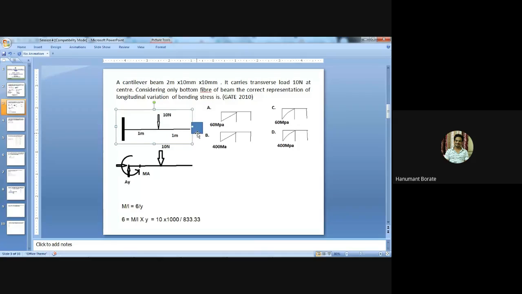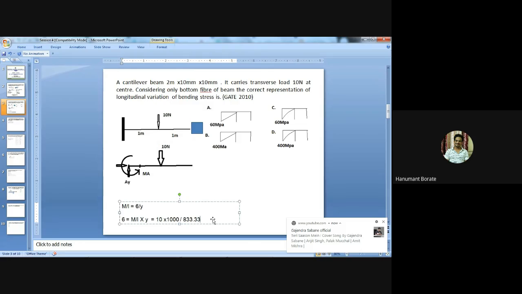We need to find the bending stress at the bottom fiber, meaning the compressive bending stress, into y, that is 5. Now calculate the value: 10 into 1000 divided by 833.33 into 5.